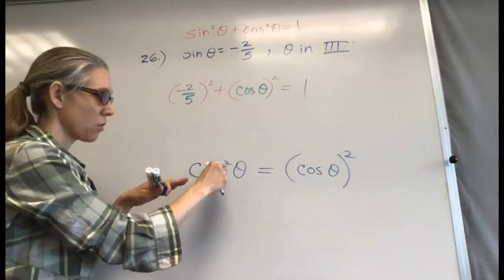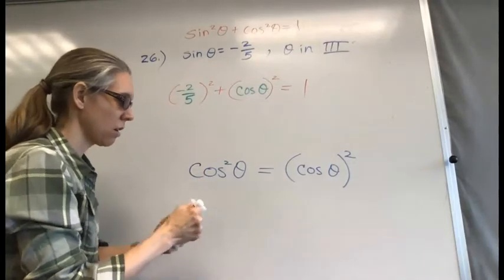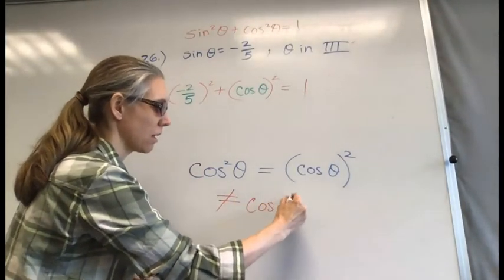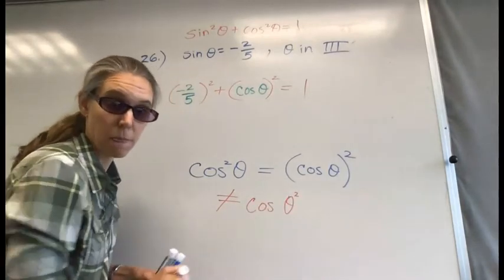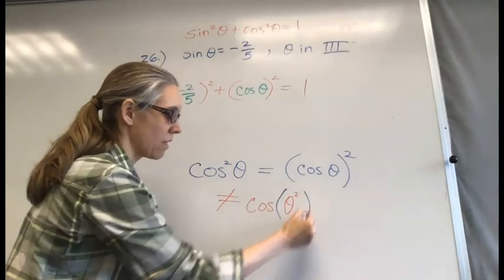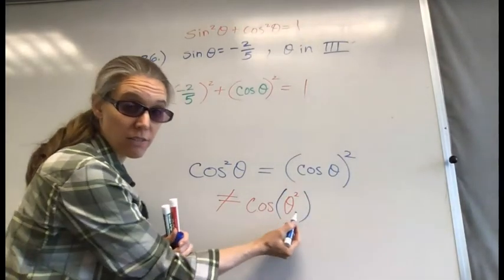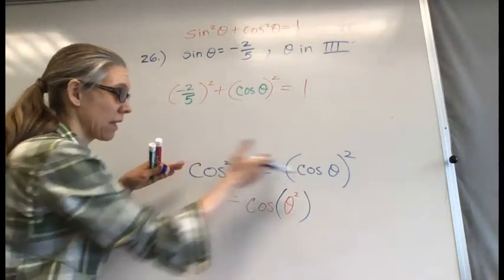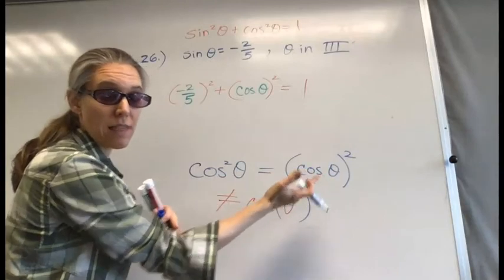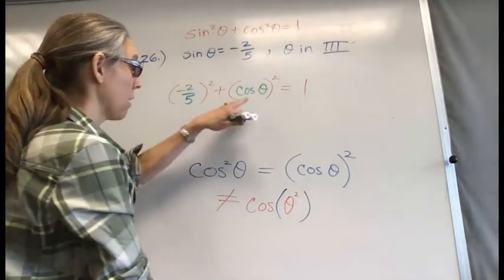The reason we put the squared right here is to prevent confusion because neither of these are the same thing as cosine of theta squared. Cosine of theta squared is where you square the angle itself and then you take the cosine of that angle, where in the case up here, we find the cosine of the angle first, and then we square the value. Okay, so let's go back up here.